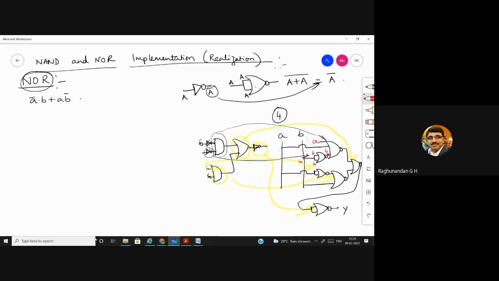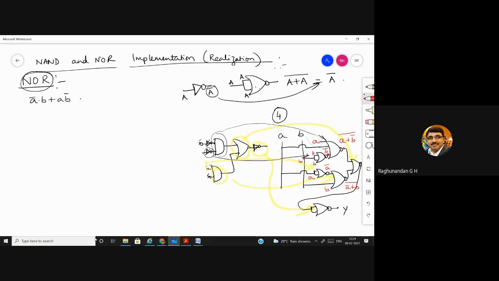B bar. Then what is the output here? A plus B bar whole bar. Right? Coming to this, A we are having. Here it will give you A bar. This one is B. The output of this gives you A bar plus B whole bar.